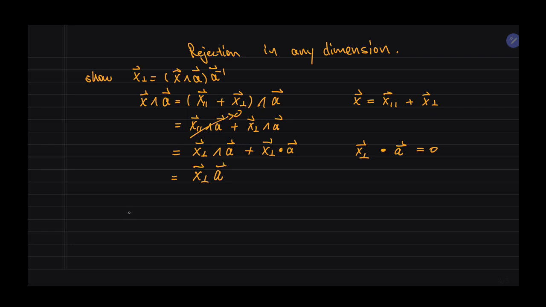So what we have is x orthogonal geometric product a equal to x wedge a. Then we just geometric multiply on both sides by inverse a. Then we get x wedge a geometric product a inverse.